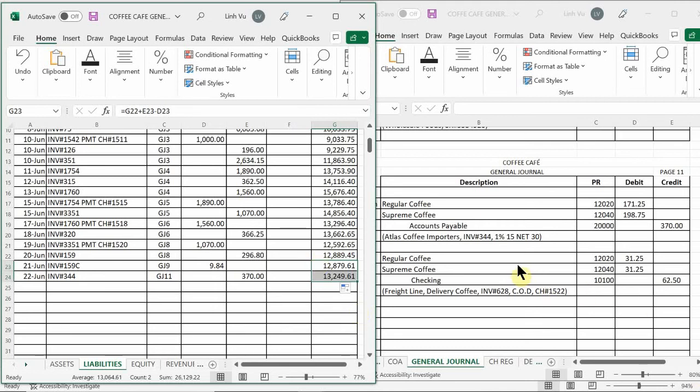All right. Now that we finished the journal, the ledger.